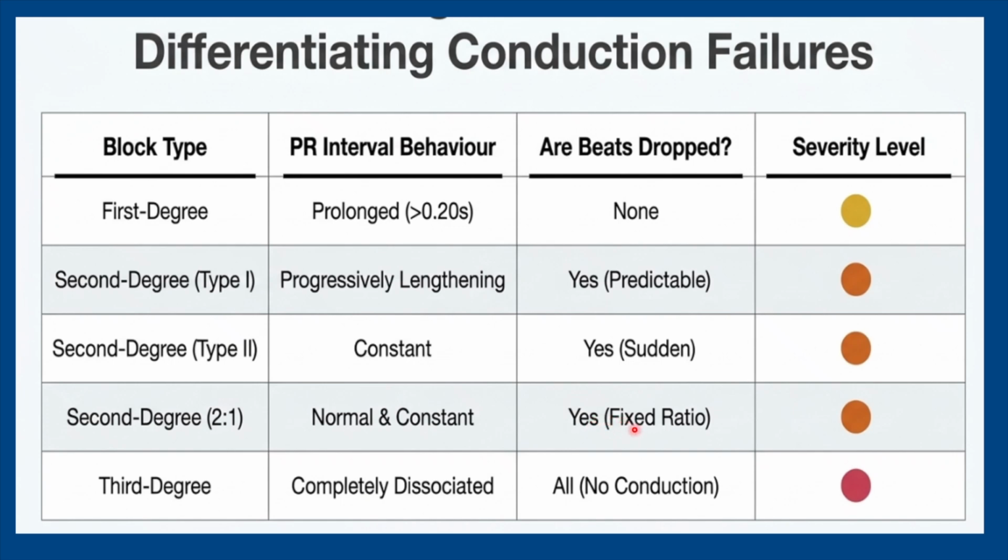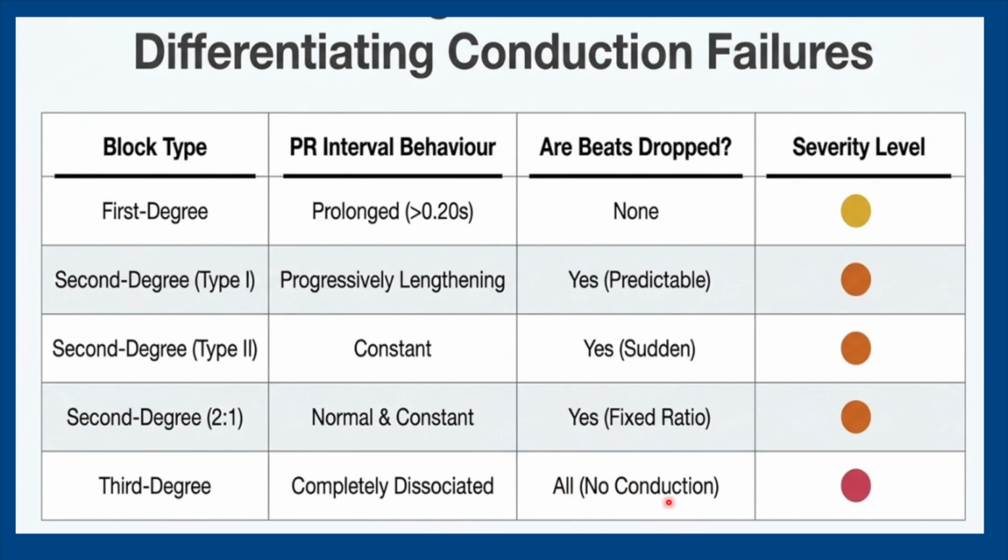So every 2 P waves, you have one QRS complex. So it is 2 to 1. If the dropped beats happen occasionally, this is Mobitz type 2. But if it happens at a fixed ratio, this is 2 to 1 conduction. And third degree, there is complete dissociation. So there is no PR interval because there is no relation between the P wave and the QRS.